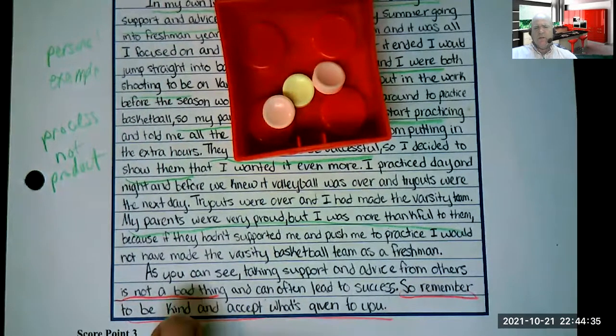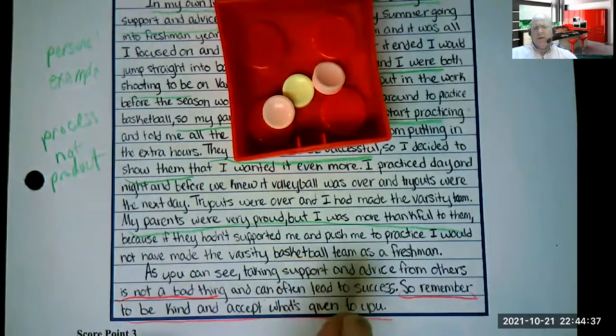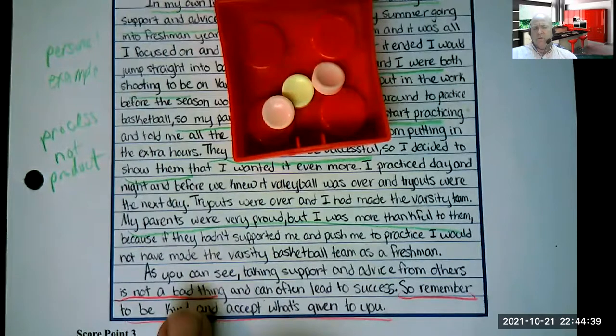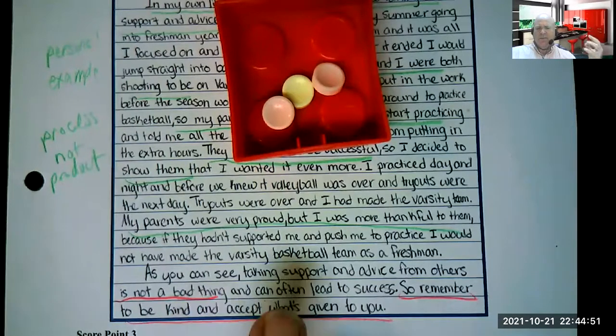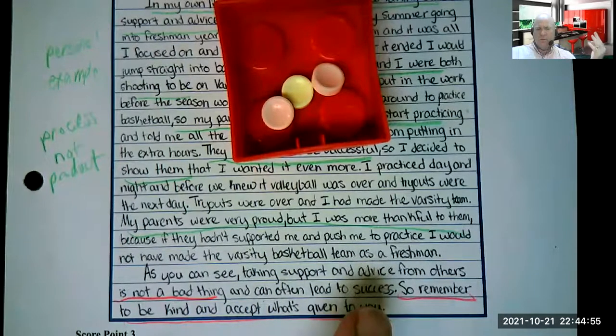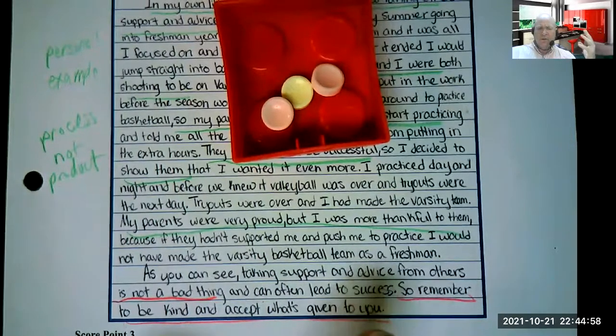Okay. Be kind. And if we are more specific about it: be kind to those who want to make you a better person in whatever way, and accept what's given to you by them and others.